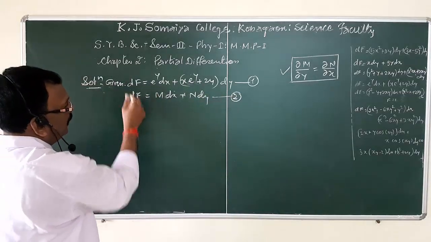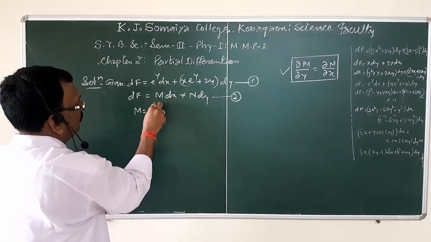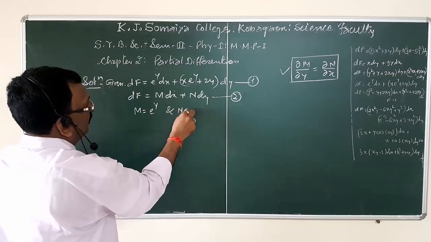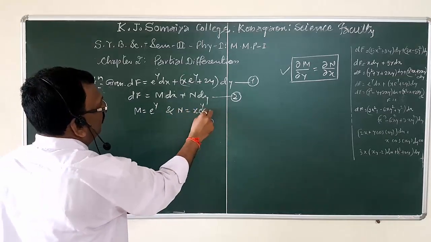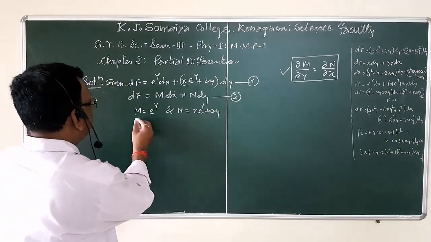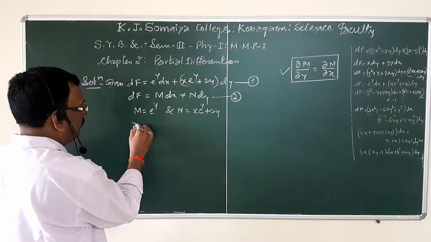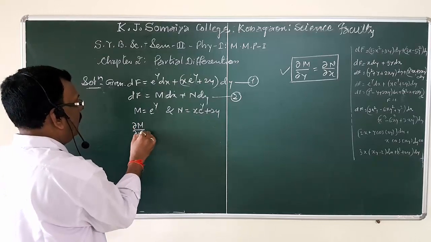Comparison between these two equations, we get the value of m is equal to e raised to y and the value of n is equal to x e raised to y plus 2y. Okay. Now, differentiate this m with respect to y, that is ∂m/∂y.